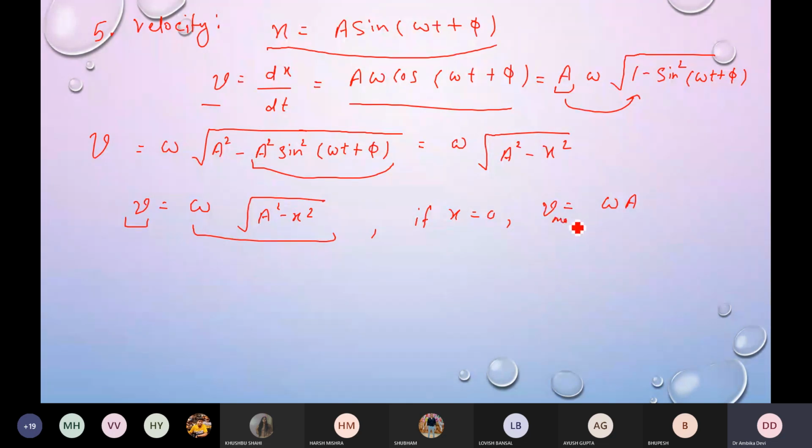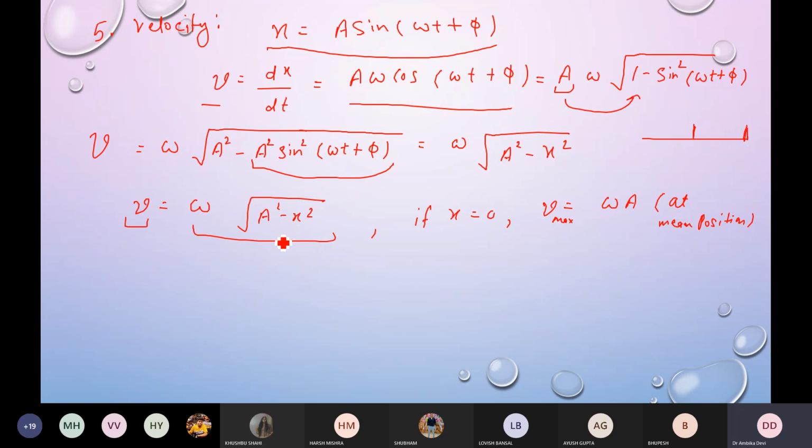This maximum velocity will be at the mean position. However, at the extreme position, something else will happen. Extreme position means if we are starting the motion from here, this is the mean position and this is the extreme position, right?